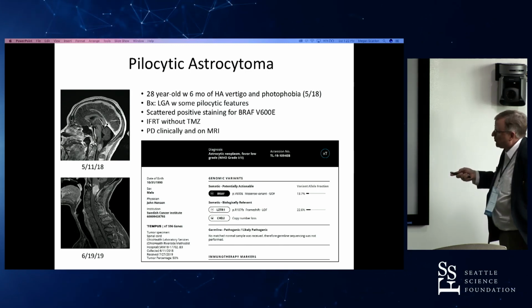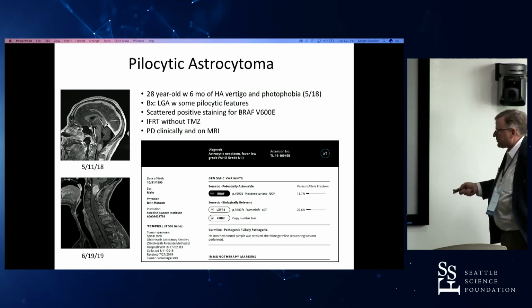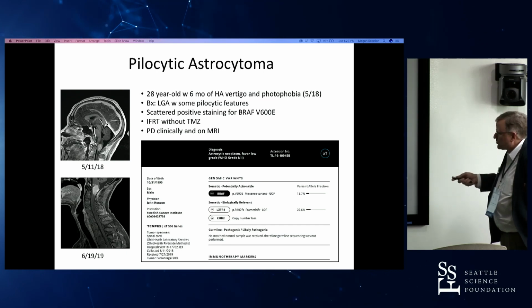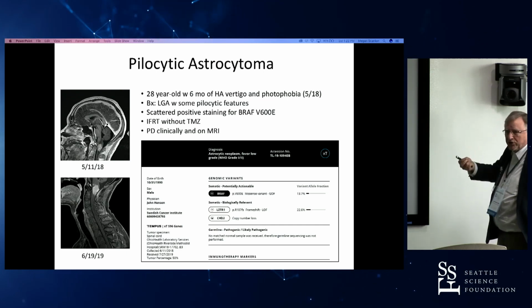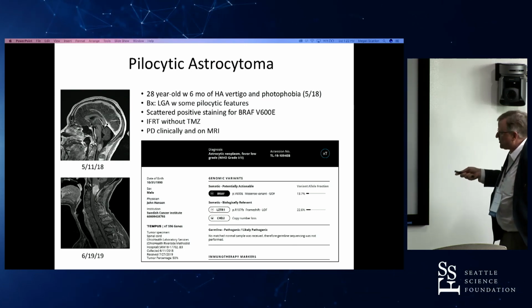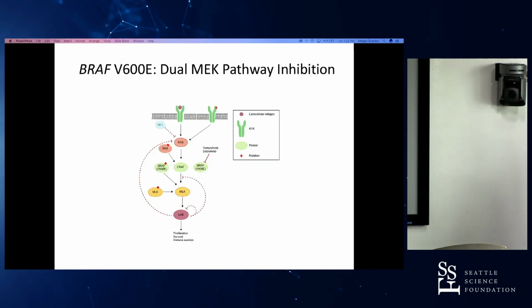So sure enough, his tumor has this, and we didn't send a germline test because I didn't think he had a syndrome. He's got one really, really interesting other genetic change here as well, but that's for next time. So he's clearly got this missense mutation in his tumor. So here's the deal with this.